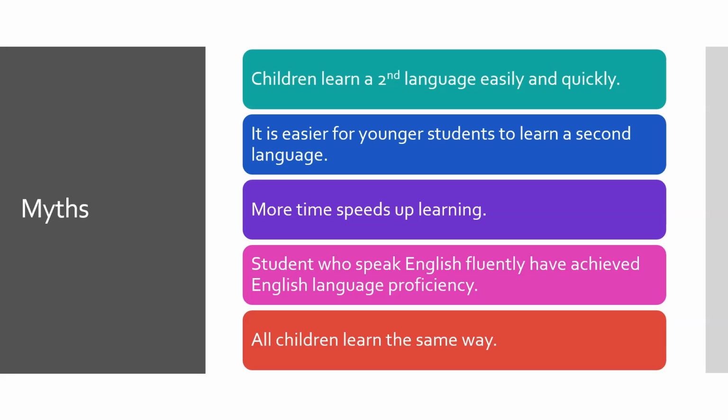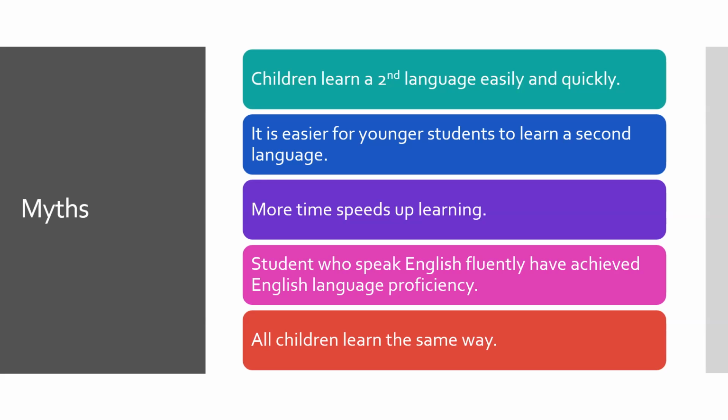Myth 3, more time speeds up learning. Myth 4, students who speak English fluently have achieved English language proficiency. If a student is fluent in speaking, doesn't mean that they are also fluent in reading, writing, or listening.